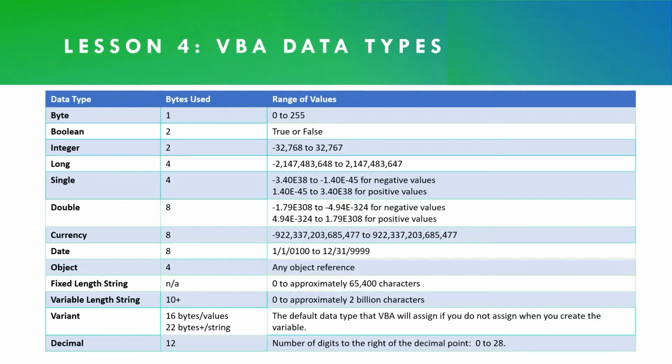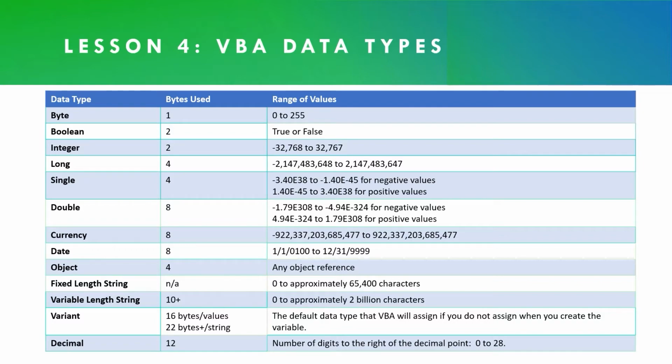You have a date data type. I don't think you will ever be in a situation where you're not covered as concerns a date. I mean, it goes back to the year 100 and all the way up to the year 9999. You have your string data types, fixed length and variable length, and you have a variant data type.